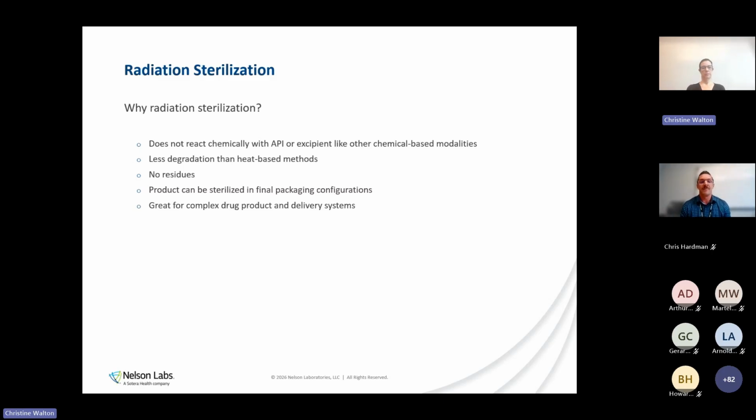Products can be sterilized in final packaging configurations if you're looking for a terminally sterilized finished good, but it can also be used, as I mentioned earlier, in process. And we do see bulk APIs being sterilized through radiation sterilization. It also is great for complex drug products and delivery systems. We have talked a little bit about combination products where there might be a med device component infused with a drug product; radiation sterilization can help for those non-water soluble devices.